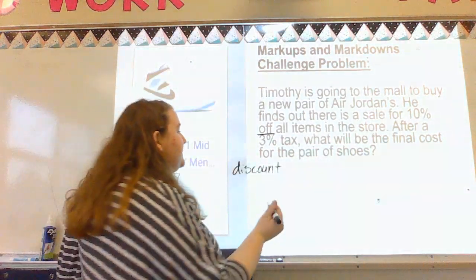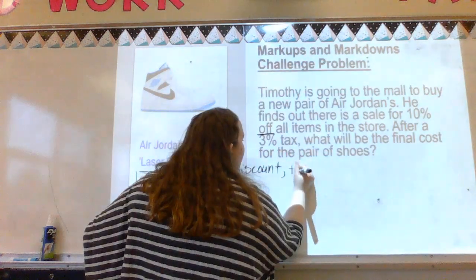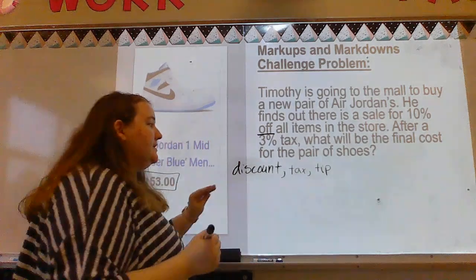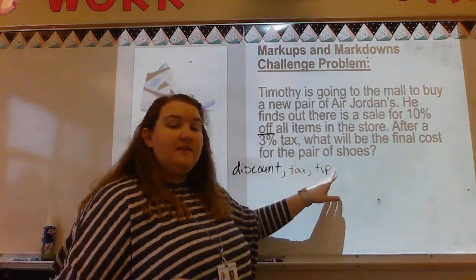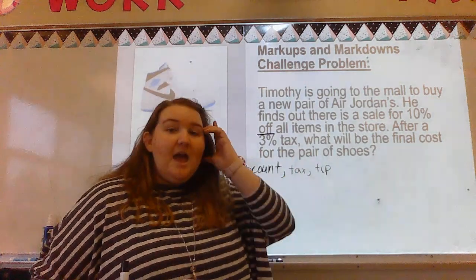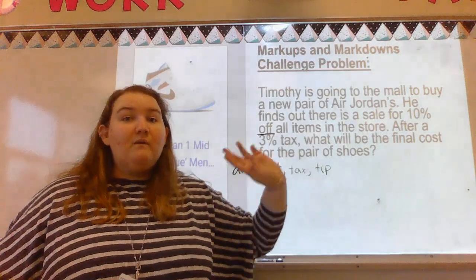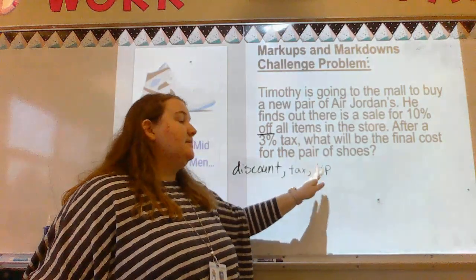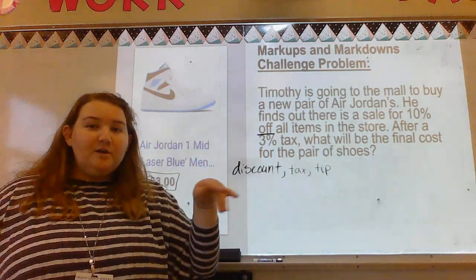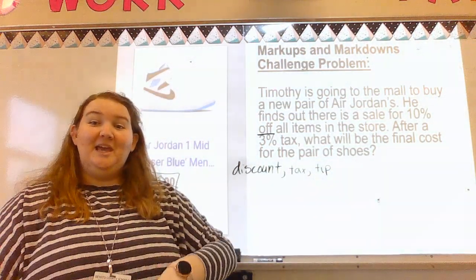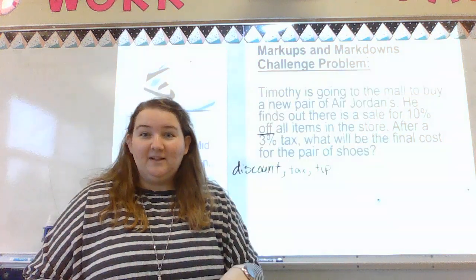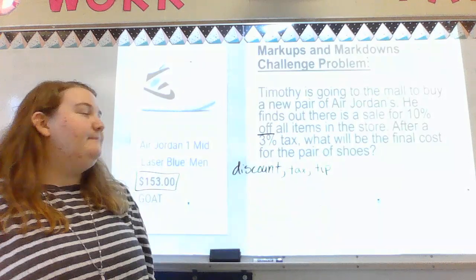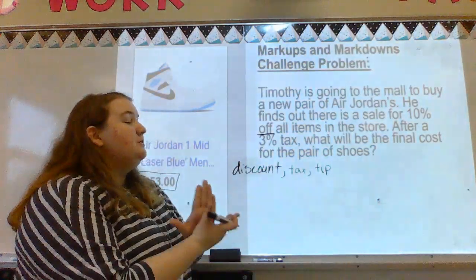It's going to go discount, then tax, then tip, always, okay? It doesn't matter if you have 3, 4, 5 different percents. You're going to do discount, tax, tip. I would write that down so you don't forget it. There is a problem on your classwork that looks like that, okay? Discount, tax, then tip, okay? So let's do discount first.